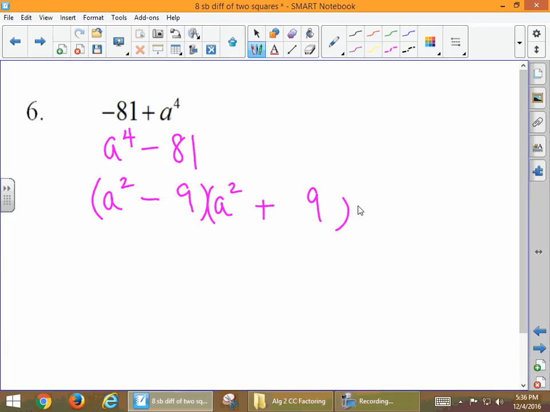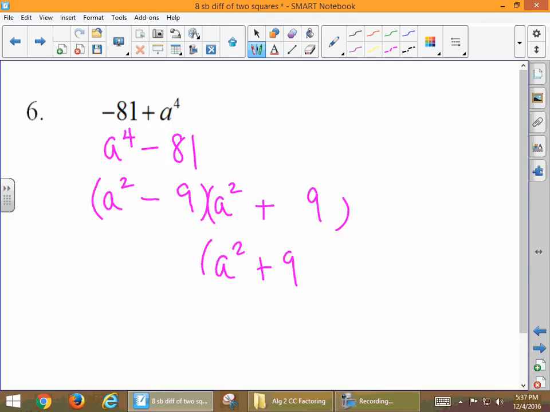So all of the rest of the problems we finished at this point, but we need to take a close, hard look at this one because we did break it up into two binomials, and one of them still has a minus sign in it. And in fact, what happens is a squared plus 9, that has a plus in it.